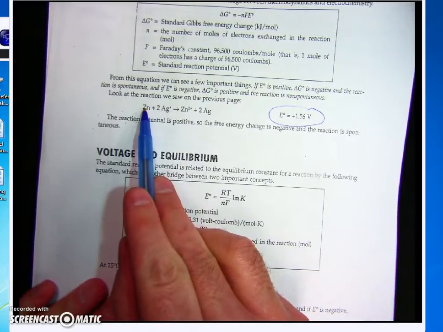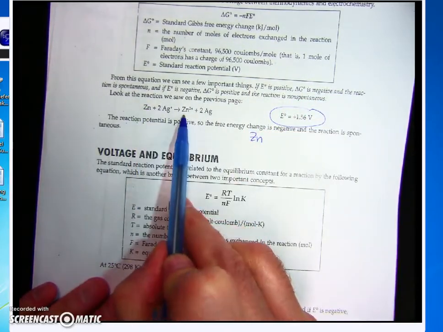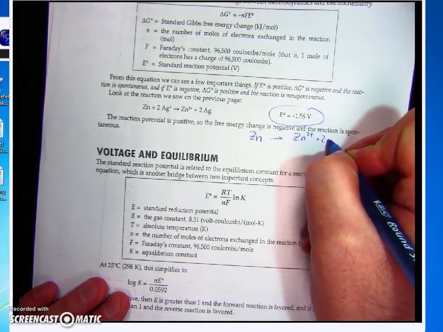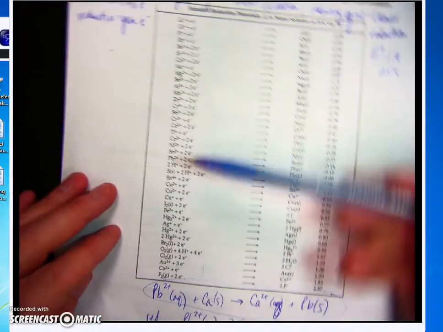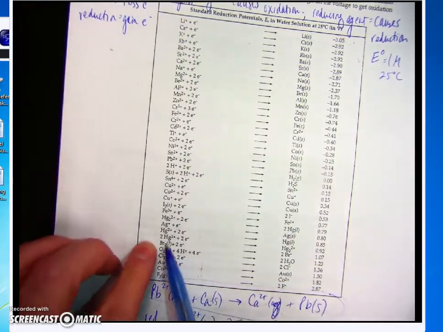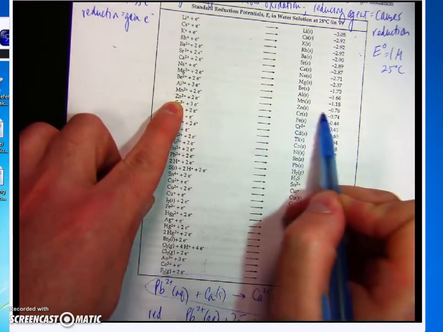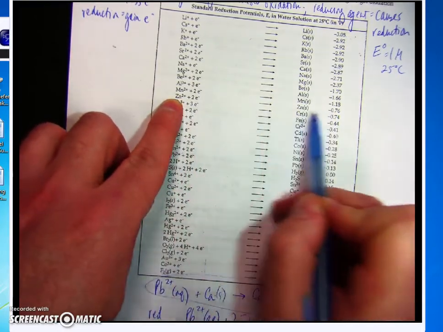In this case, zinc is clearly going from the neutral to the ionic form. We look on the previous page and realize that this particular process is opposite of how it's shown here. We find zinc and we find a negative 0.76 voltage in this direction, so we have to reverse that number.